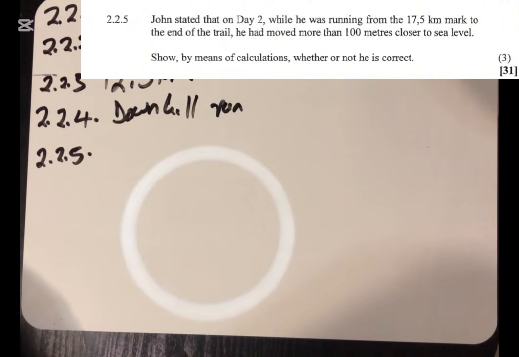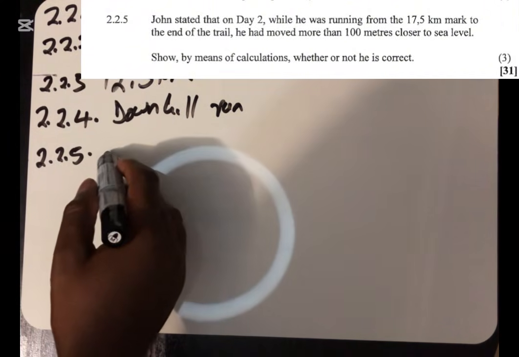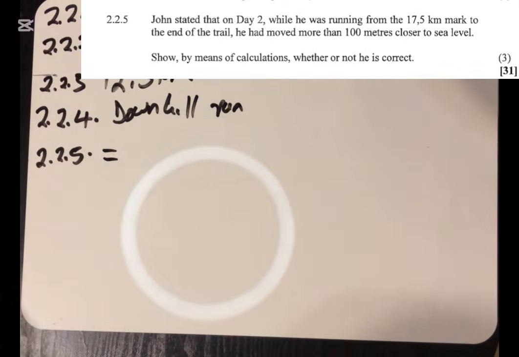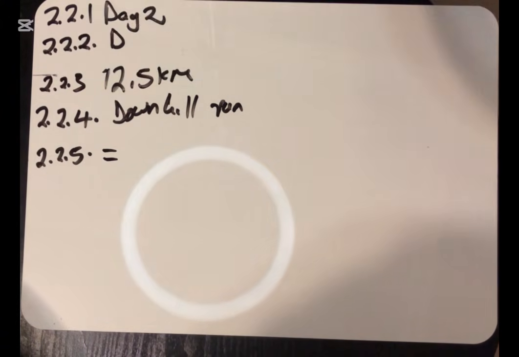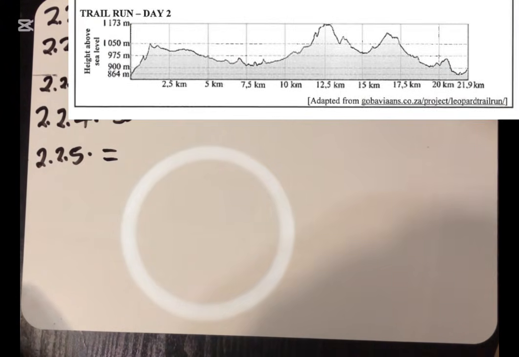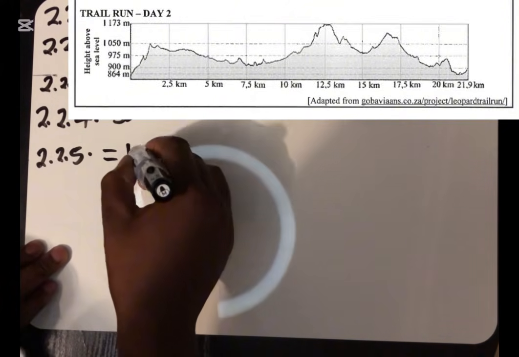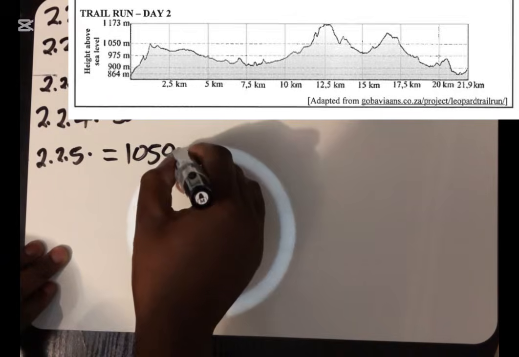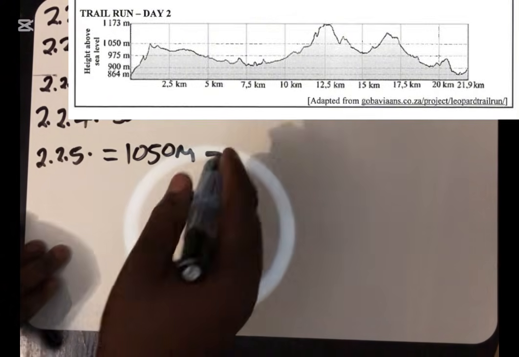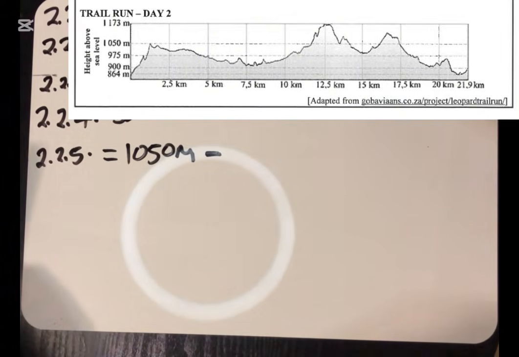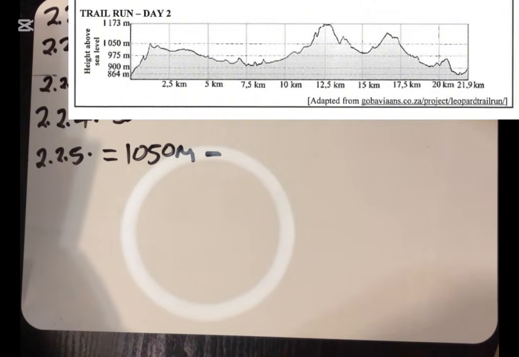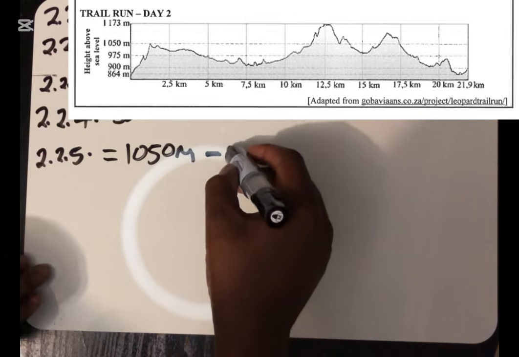So what we need to do, we must go to 17.5 kilometers and check their height against the sea level there. We can see that it is 1050 meters, minus the height of the end of this marathon, which is at 21.9. We can see that is 900 meters.